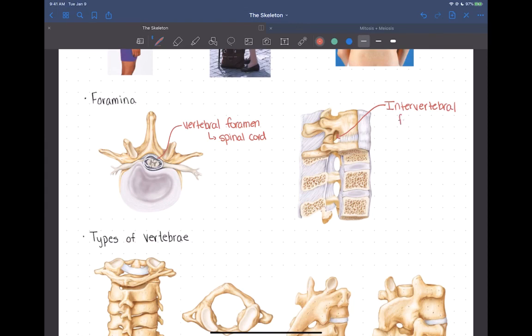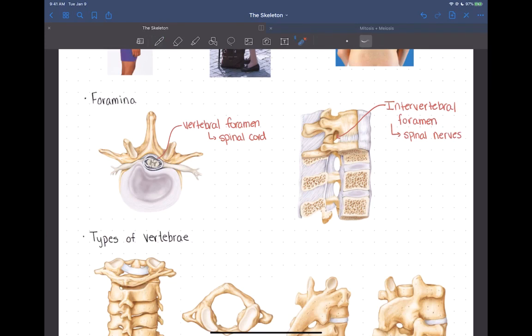This is the hole through which nerves leaving the spinal cord will pass. Those are called spinal nerves. Spinal nerves leave through those holes, and then they can go out to whatever part of the body they need to.